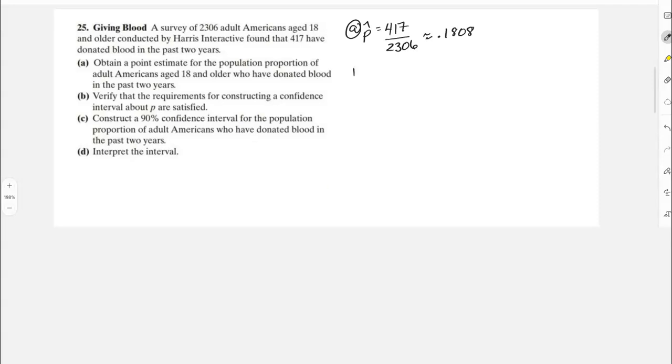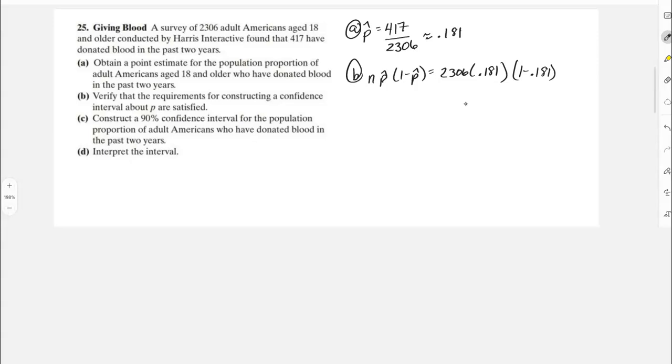B is asking us to verify that the requirements are met. So that's where we would check n times p hat times 1 minus p hat. So our n is 2306. Our p hat is 0.181. We'll round that to 3 decimal places. And then 1 minus p hat.